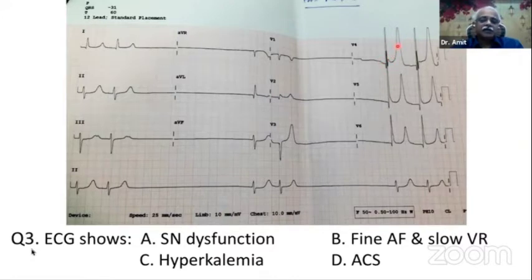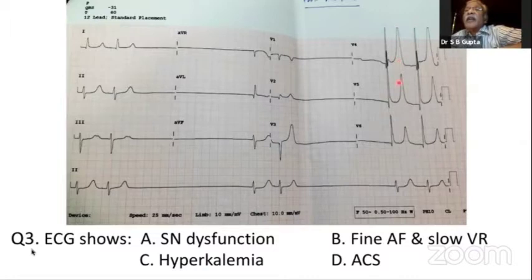Most often, like what you're seeing in V5 especially, it's a very pointed type of T wave, and pointed T waves are seen in hyperkalemia, and not so pointed T waves with a bit of doming are seen in acute coronary syndrome. So maybe that's the clue that one can think of hyperkalemia, because normally when we say you just pinch the T wave and lift it up, that sort of T wave is seen in hyperkalemia.